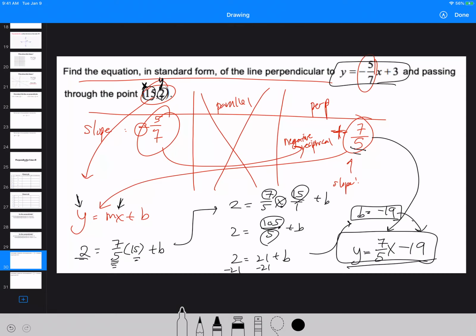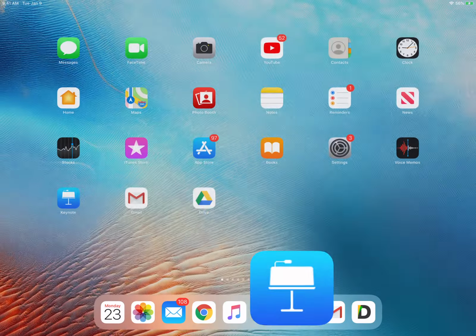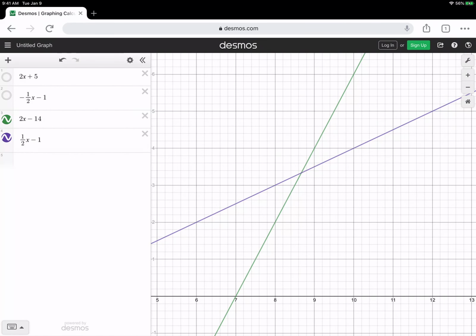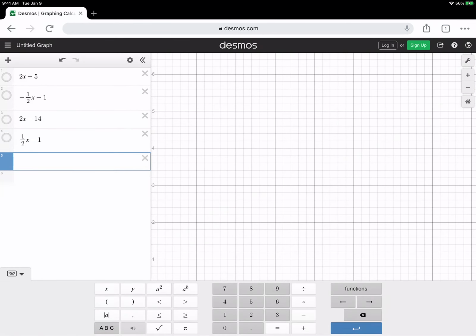And so now with these two equations in mind, one of them says y equals negative 5 over 7x plus 3. The other one says y equals 7 over 5x minus 19. Let's verify using Desmos. Alright, so one of them says negative 5 over 7.